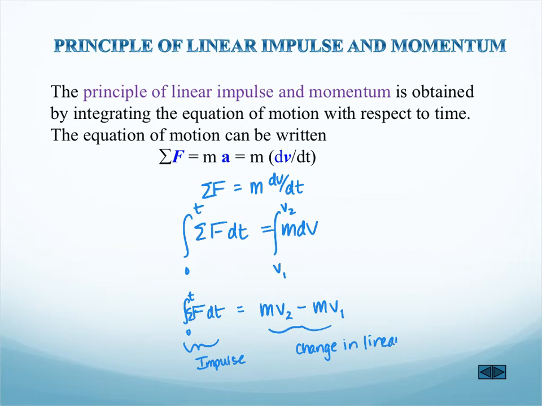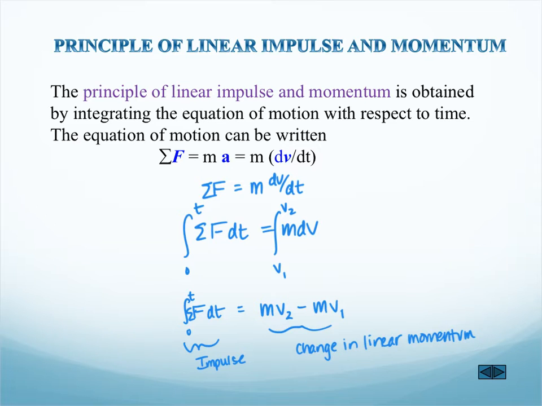We'll use linear momentum because that's what we're really looking at, although a lot of times we just drop the term linear. So often this is called the principle of impulse and momentum, or the impulse-momentum relationship.